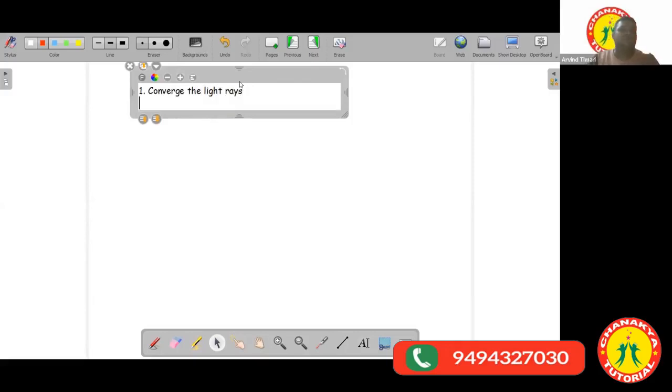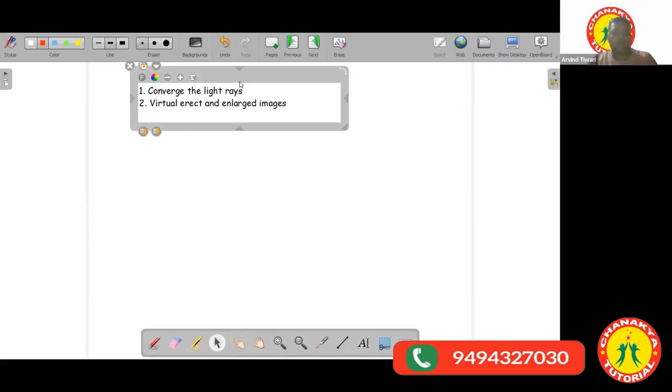Second, they can form virtual, erect, and enlarged images. Then they can form real images. These are the things that we should keep in mind. We will see where to use them. It will be used somewhere.